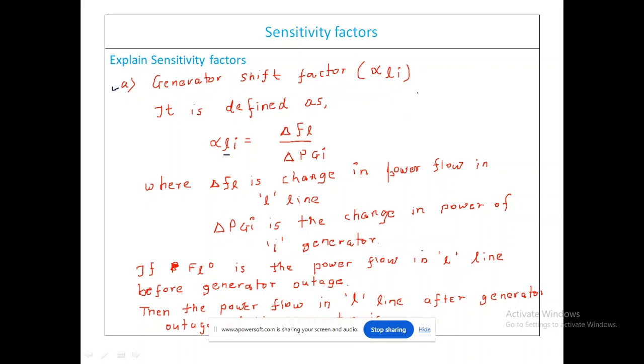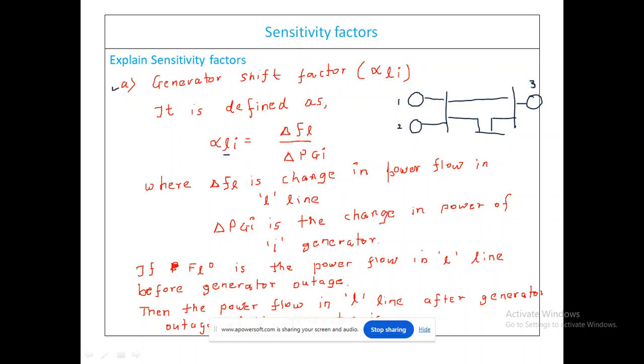Let's understand. Suppose I consider a system with two generators, number 1 and number 2, connected to a power system. Suppose there is a line over here, and there is one more generator over here.